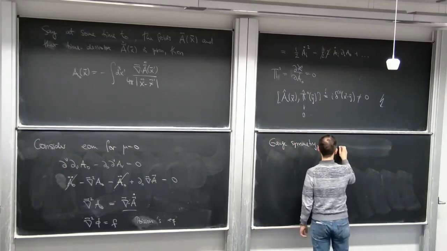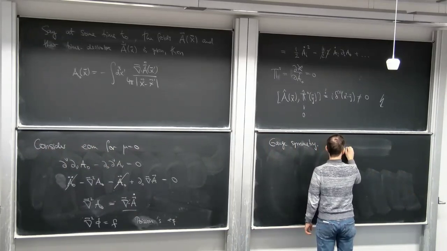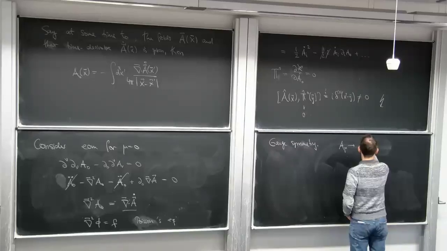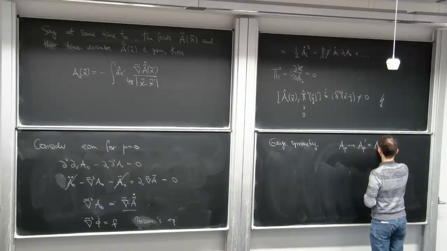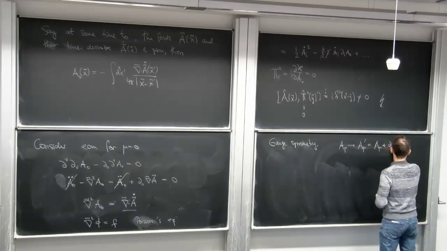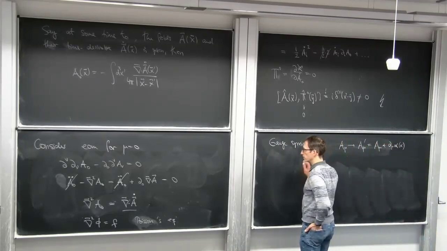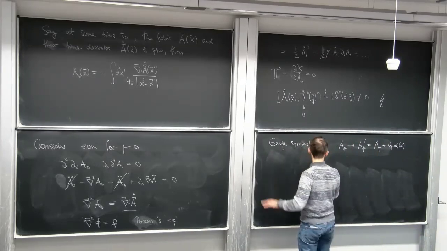If the A mu changes into a new field, which is the old field plus the derivative of some function, then the equations of motion don't change either.